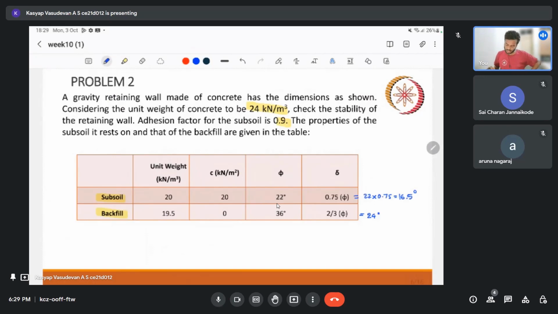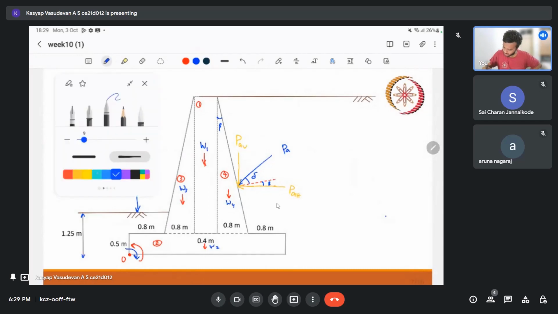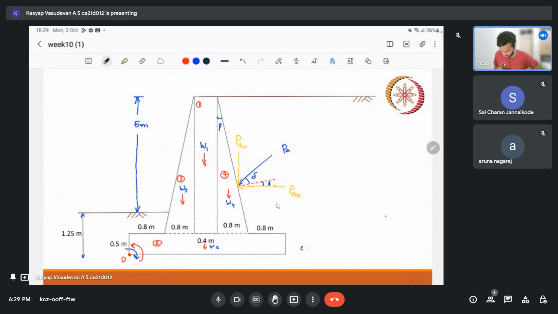If I am just writing it here, I'll do one thing and write it in black. The subsoil properties are c is equal to 20 kPa, and delta is equal to 16.5, and alpha is equal to 0.9, which is already given in the question.